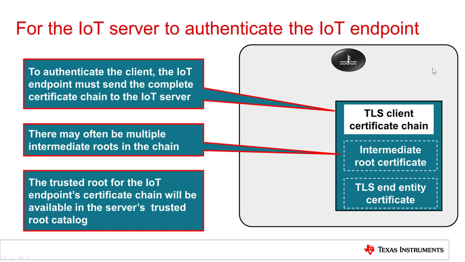The certificate chain will obviously contain the TLS end entity certificate and whatever intermediate root certificates were used in issuing that end entity certificate. Because the server will have an operating system like Windows or Linux, its trusted root store will certainly contain the full trusted root certificate to complete the client certificate validation.